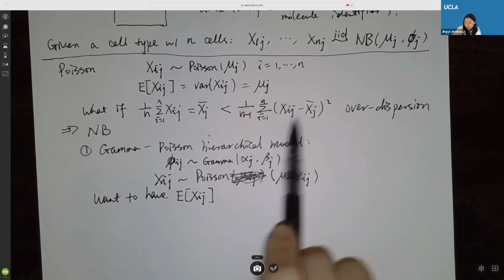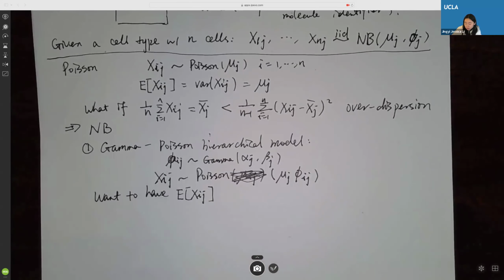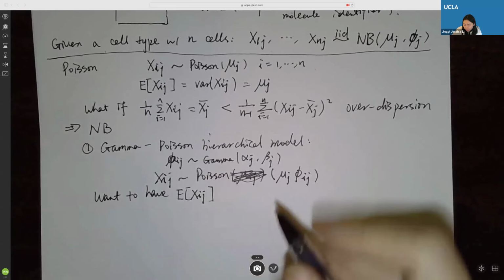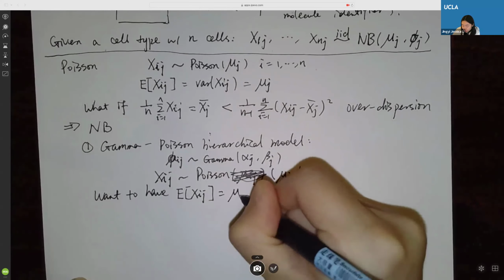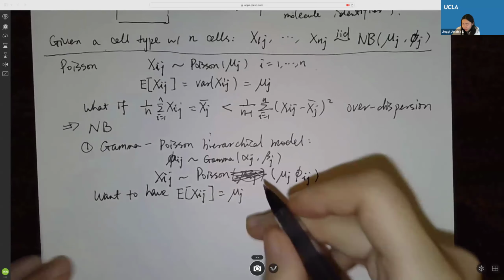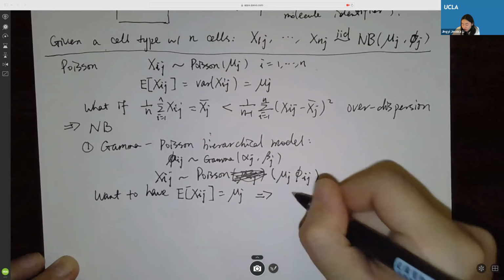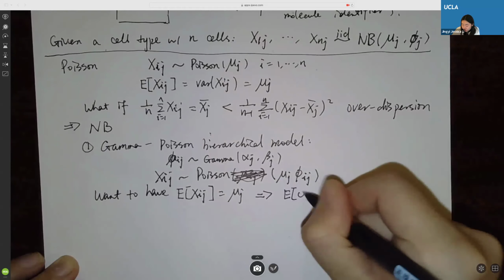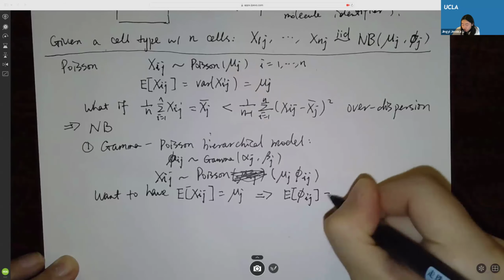Why is the observed variance bigger than the mean? That's the thing. But we still want to have the expectation of xij equal to mu j. So to achieve that, as phi ij is random following gamma and mu j is fixed, we can show that we need to have the expectation of phi ij equal to 1.